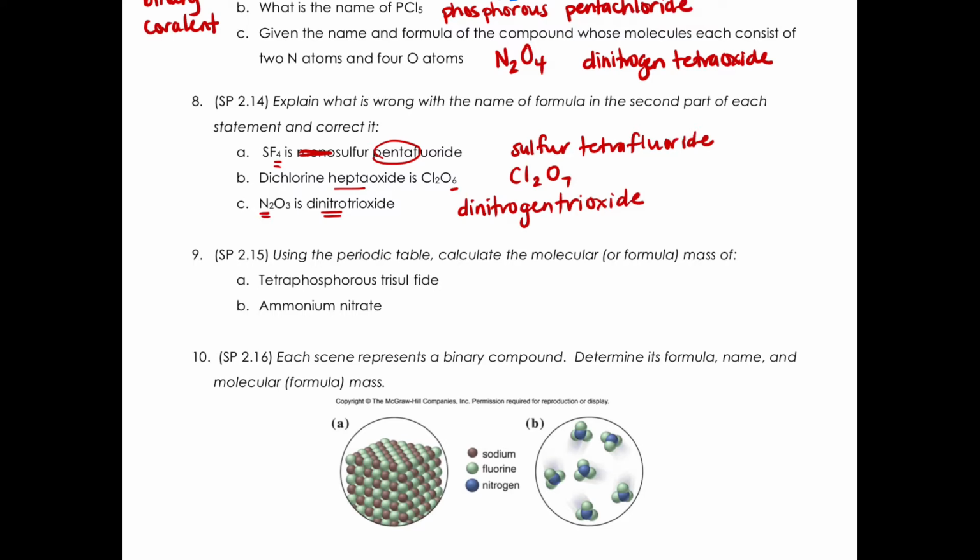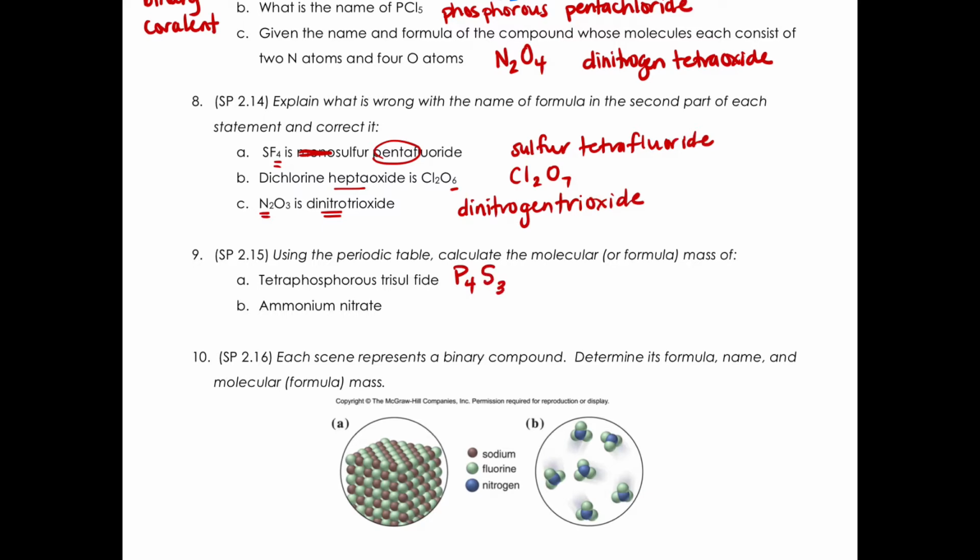With this first one, again, it kind of combines a couple of skills here in that we need to think about how to take this name and actually make it into a correct formula, and then we need to use that formula to get the mass. So tetraphosphorus is going to be 4 phosphorus atoms, and then trisulfide, 3 sulfurs.